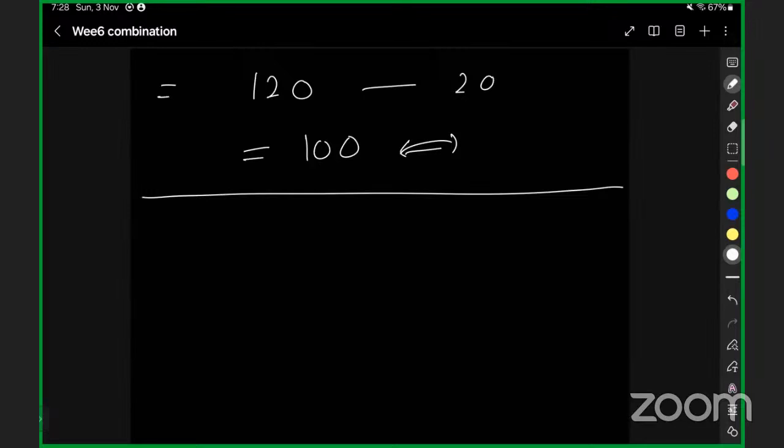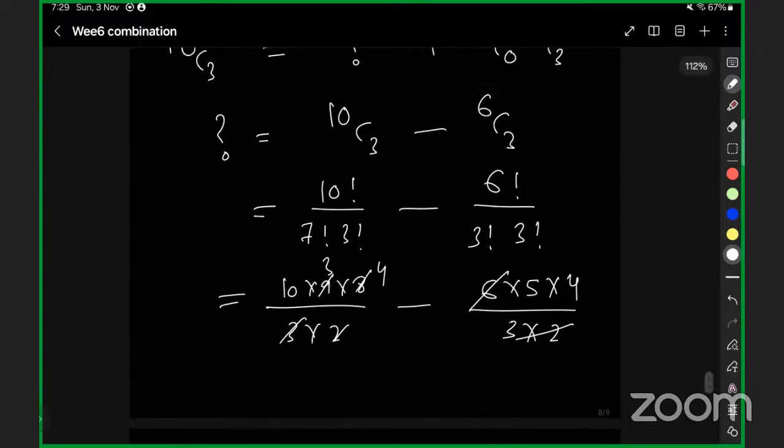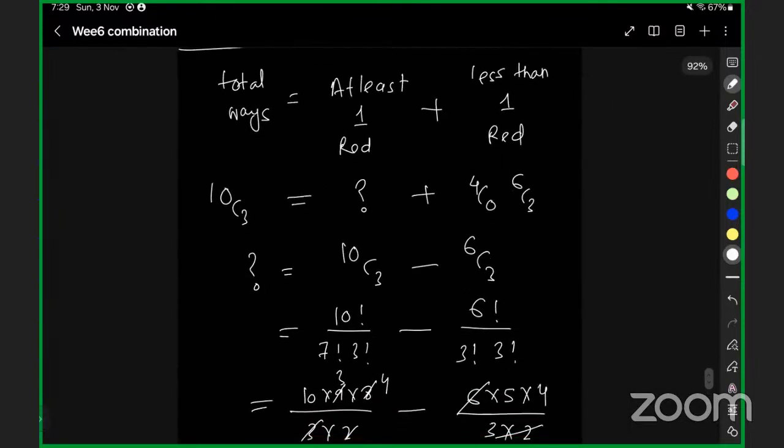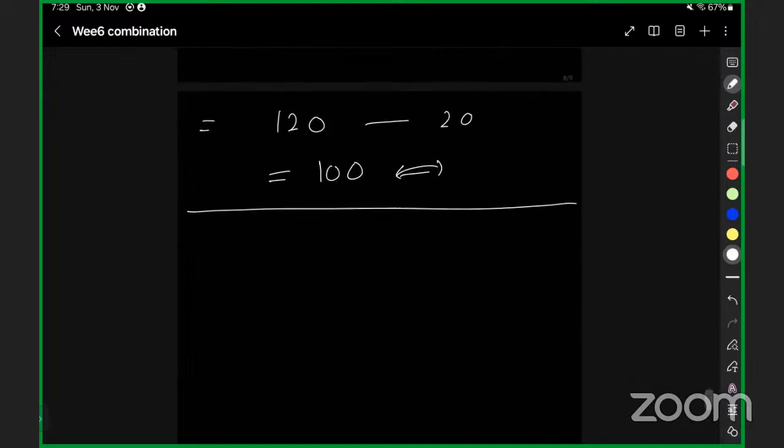Okay. Let's see. I think in this question, the second method is easy to solve. Yeah, whichever logic you like, you can use it, right? So sometimes the at least part is easy, sometimes the other way.